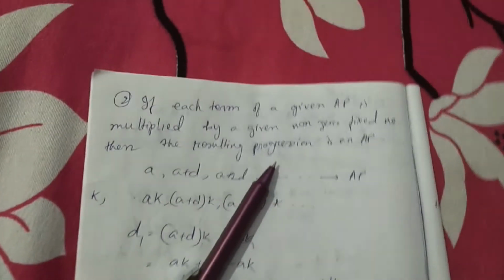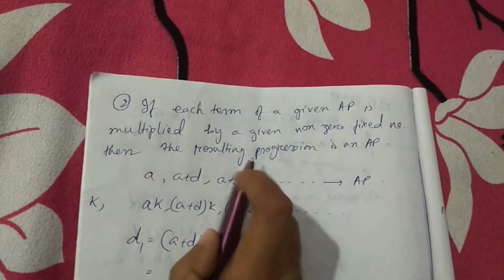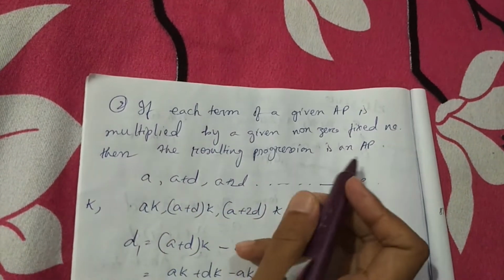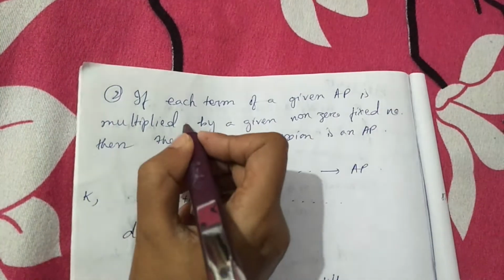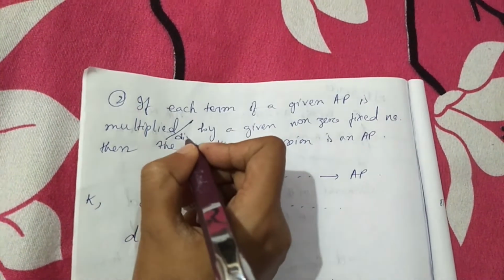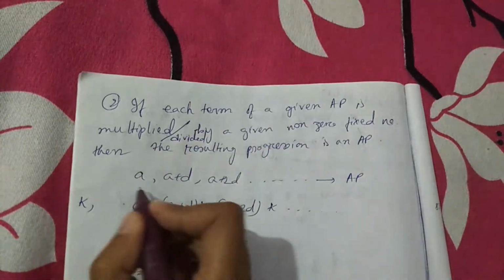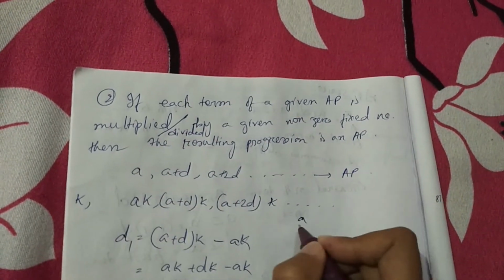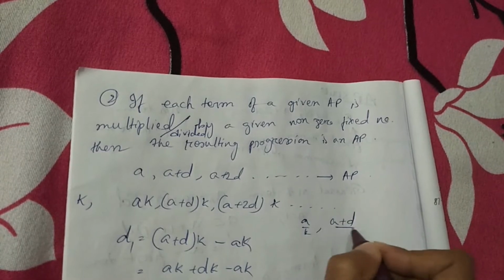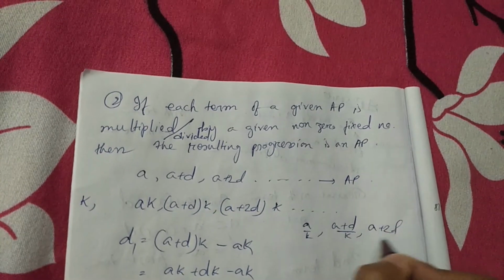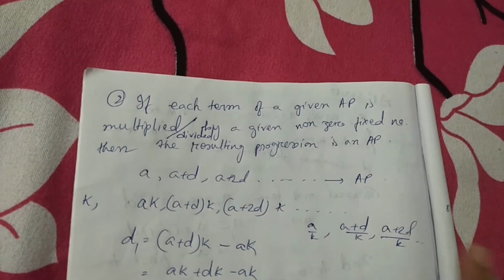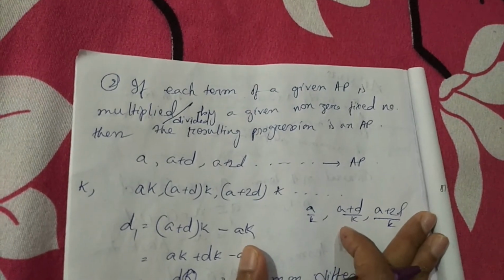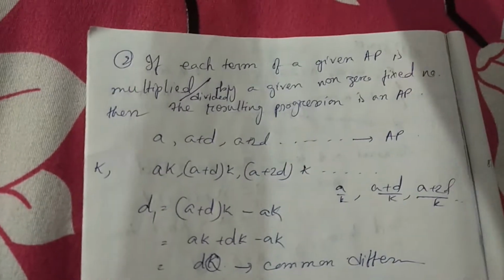So if each term of a given AP is multiplied by a given non-zero fixed number, the resulting progression is an AP. Similarly for division: a divided by k, (a plus d) divided by k, (a plus 2d) divided by k. If you do it like this, that series also will be an arithmetic progression.